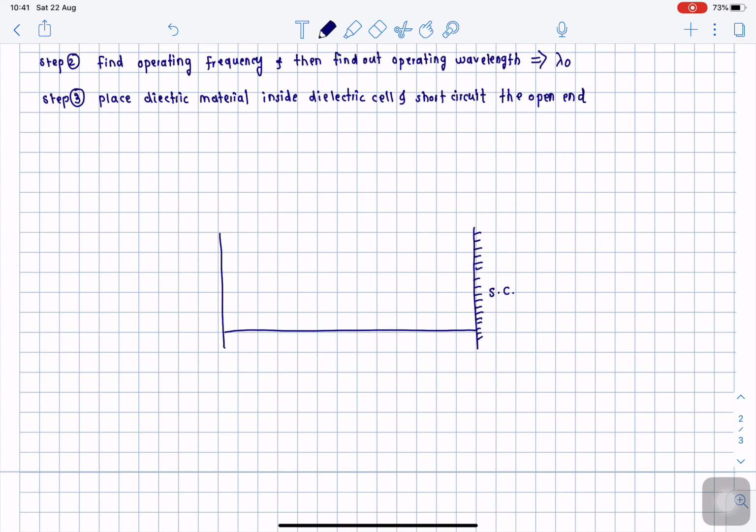Once we short circuit the open end, this rectangular waveguide acts as a dielectric cell. So one end of the rectangular dielectric cell is terminated with a short circuit, and here we are going to place a sample dielectric material.